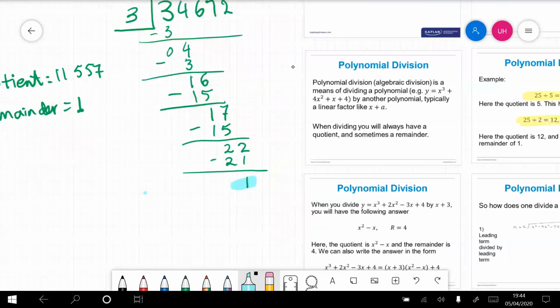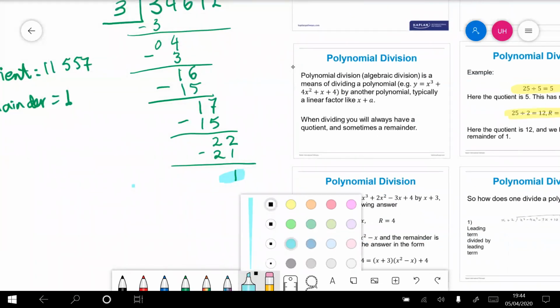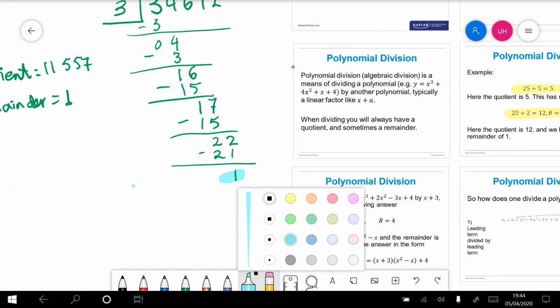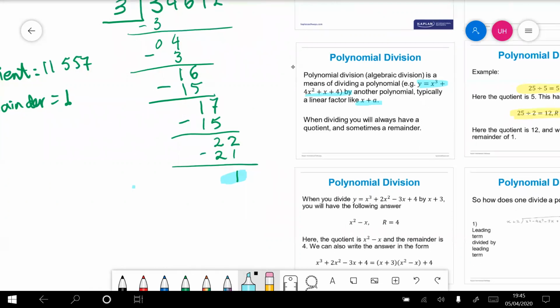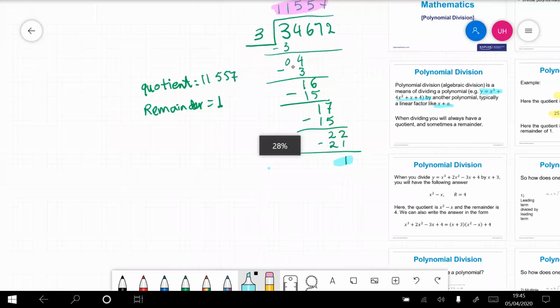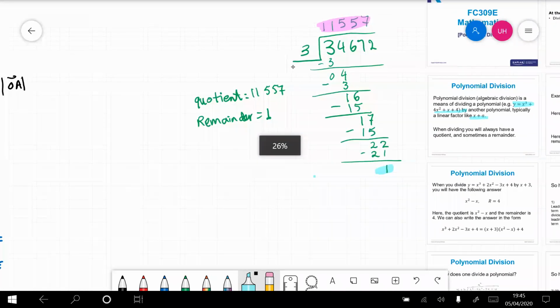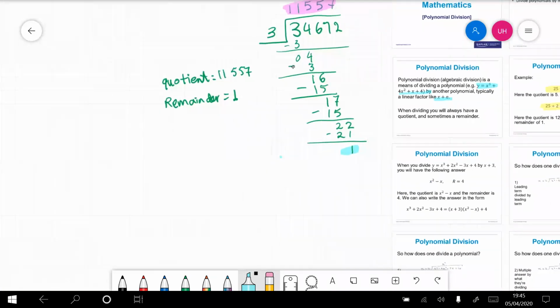For an example, if we look at y equals x cubed plus 4x squared plus x plus 4, and you divide it by a linear factor, x plus 1. I will work this out and show you how it's the same as the long division with numbers.